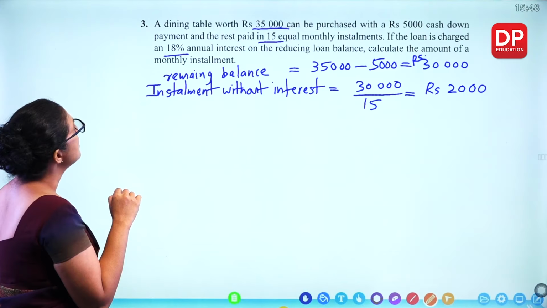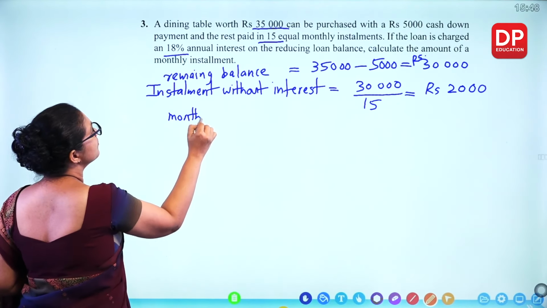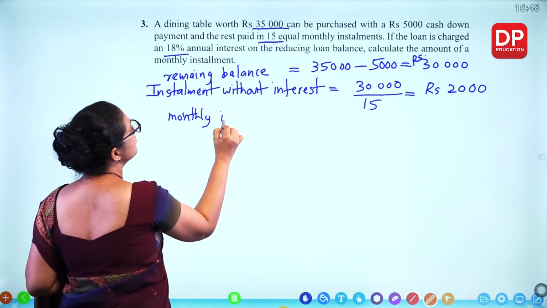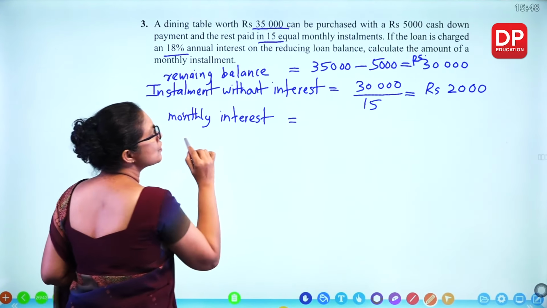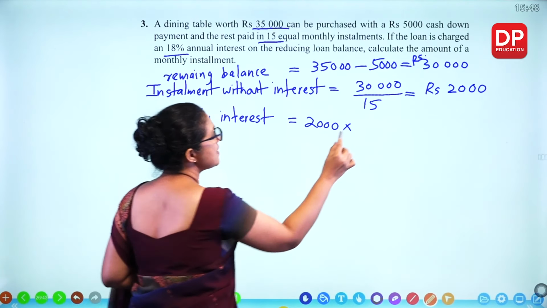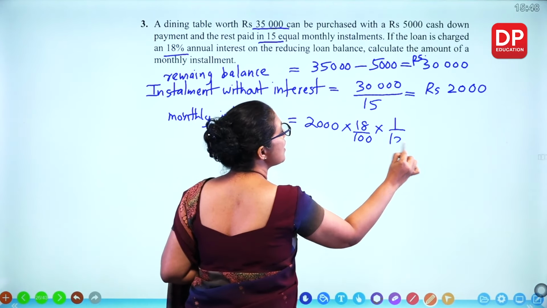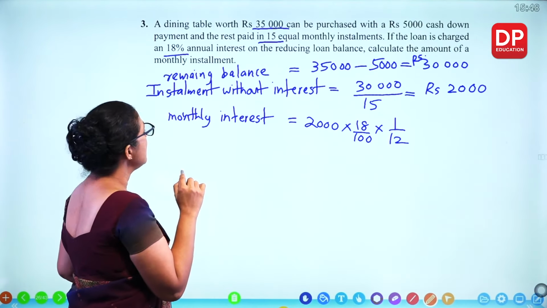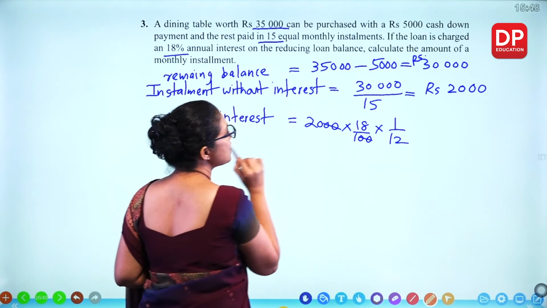So what's the interest monthly? So 2000, 18% annually. So you need to divide by 12 to get monthly interest. 2 get cancelled out.